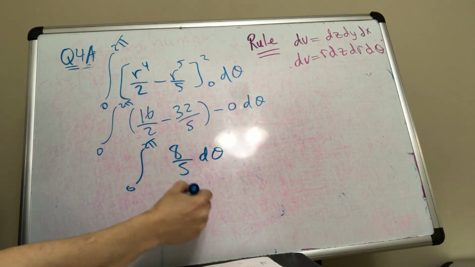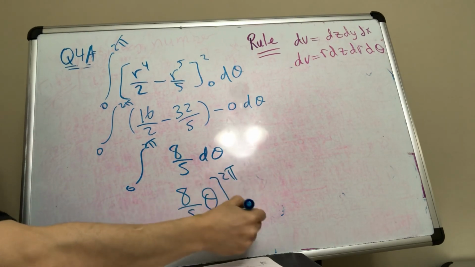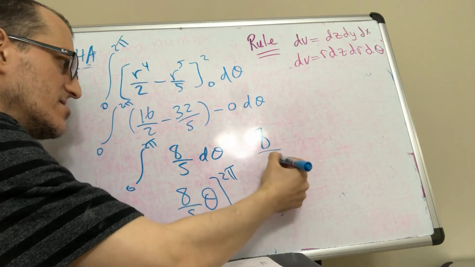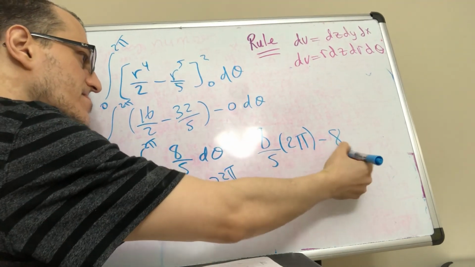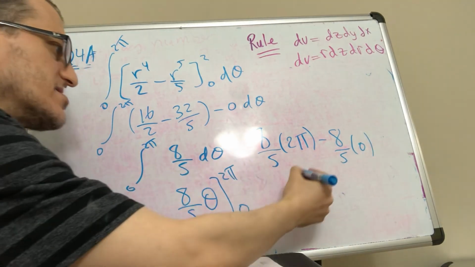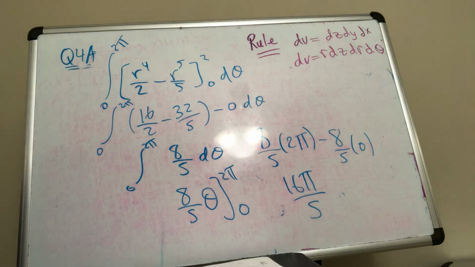And the integral would be 8 over 5 theta, plug the 2 pi, plug the 0. That gives you 16 pi over 5. So that's the answer for this.